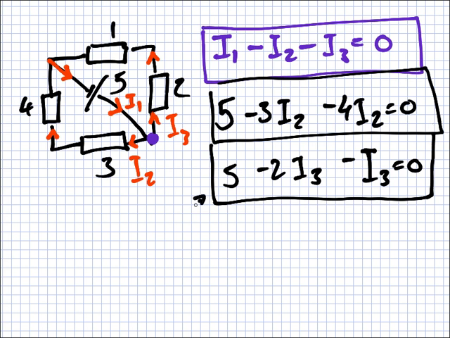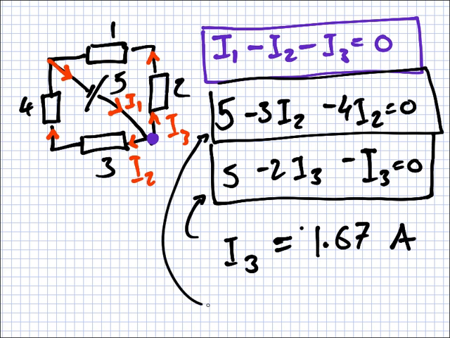This equation can give me I3. I get I3 is 1.67. It's 5 over 3. Yeah, 1.67, isn't it? Amps. And this one here can give me I2, which would be 5 over 7. 5 over 7?